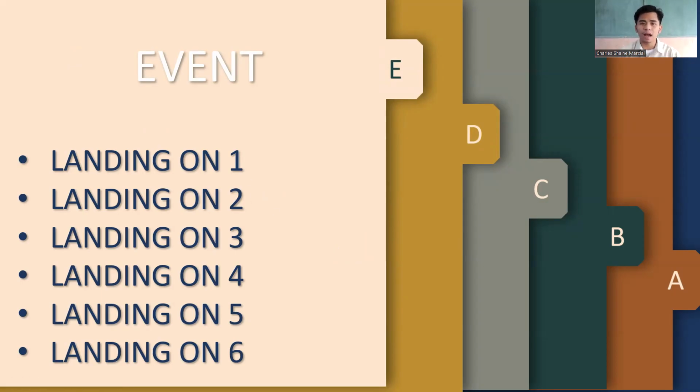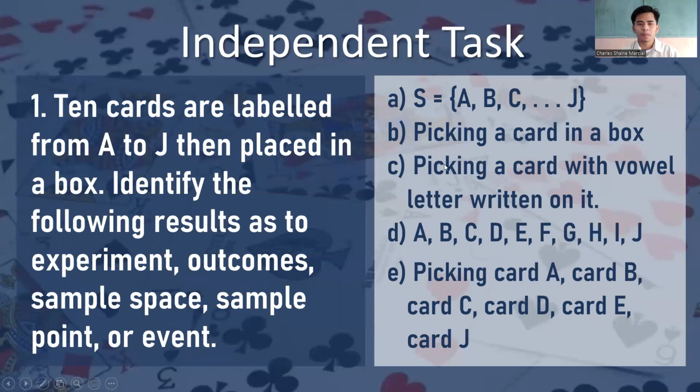Okay, again, tandaan nyo lang, every experiment, they have different possible outcomes. Now, let's try to answer this one. 10 cards are labeled from A to J, then placed in a box.